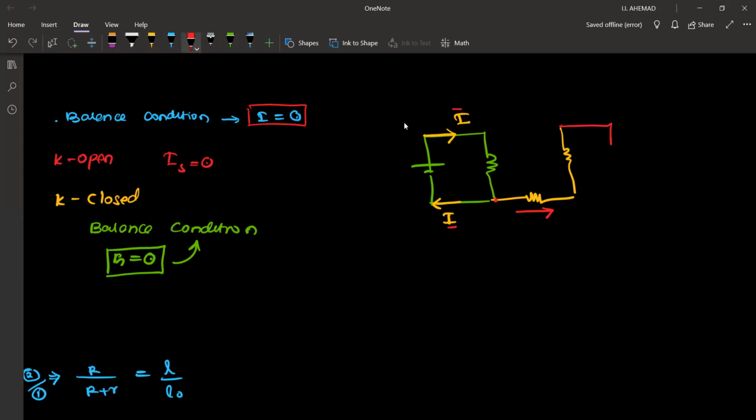Now, can I have a separate battery on this side and have a separate current flow in this circuit? We can. Still there won't be current through these resistors. Agree with that.